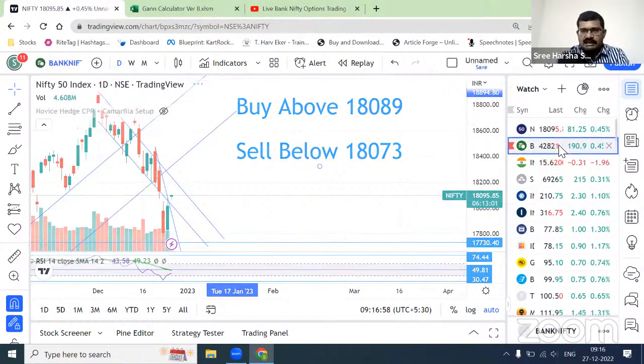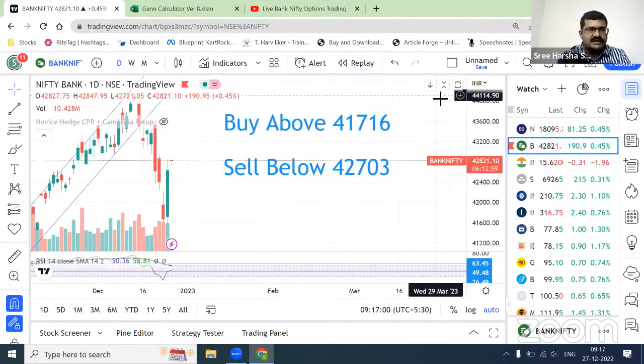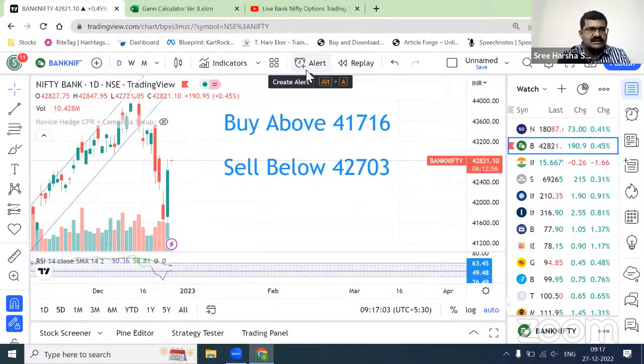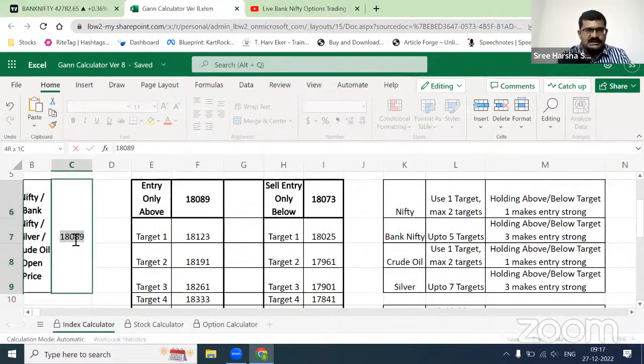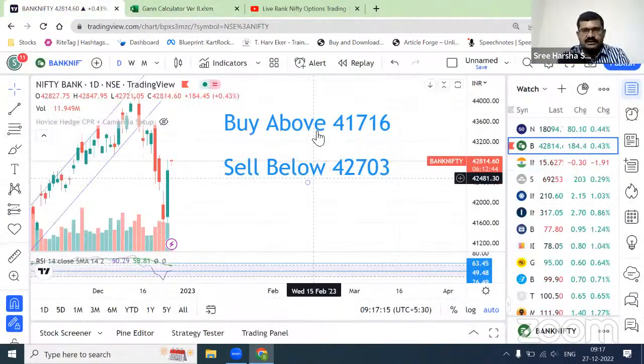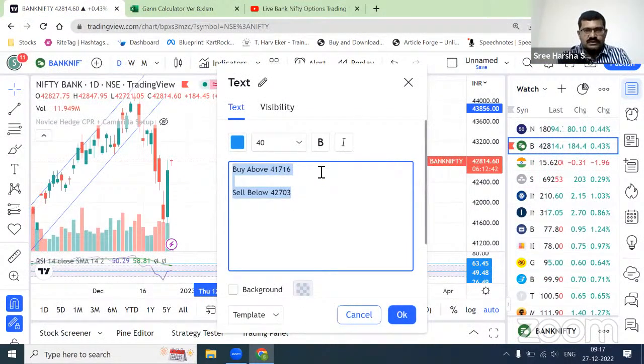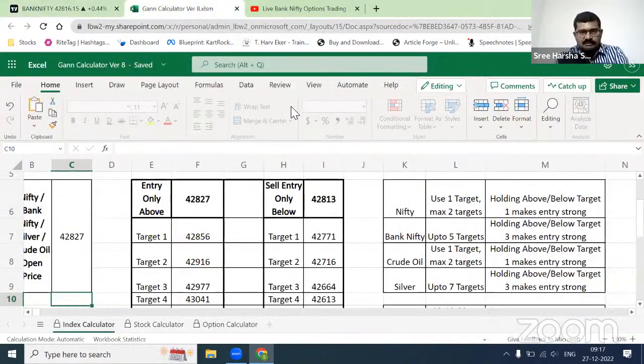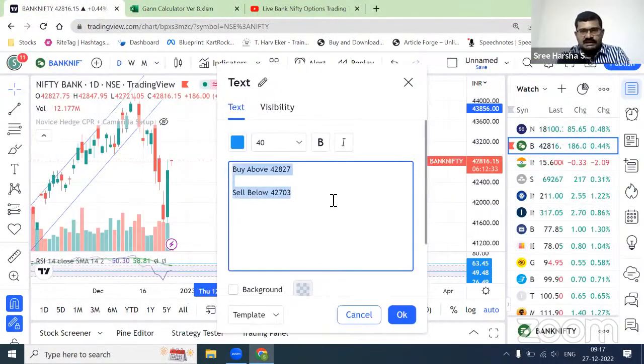Let us look at Bank Nifty. The level is 42,827. Above 42,827 is a buy, and below 42,813 is the sell.